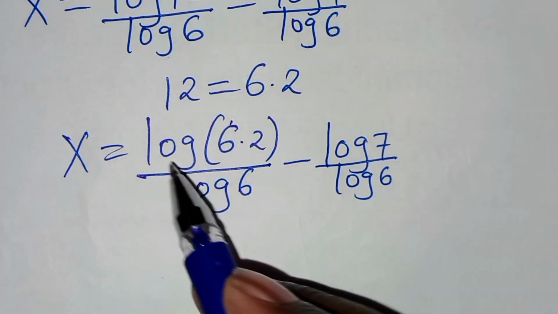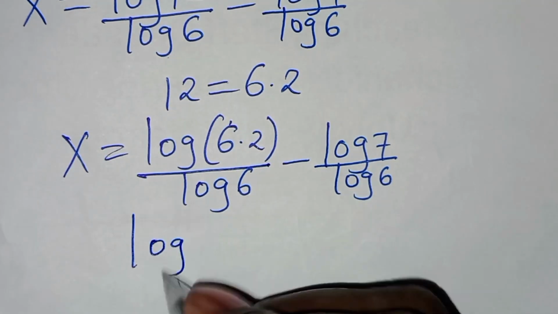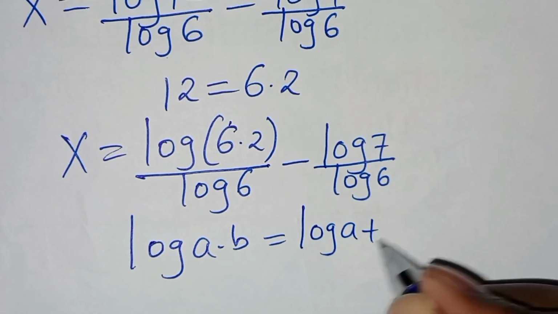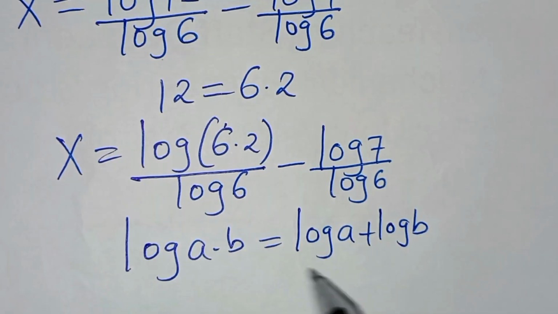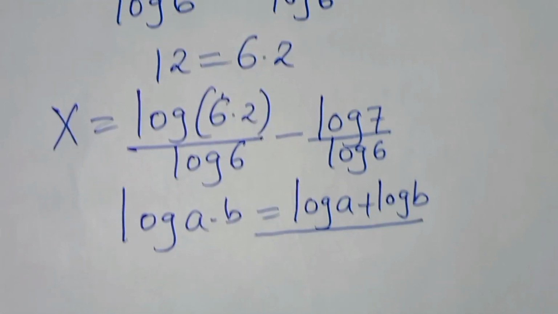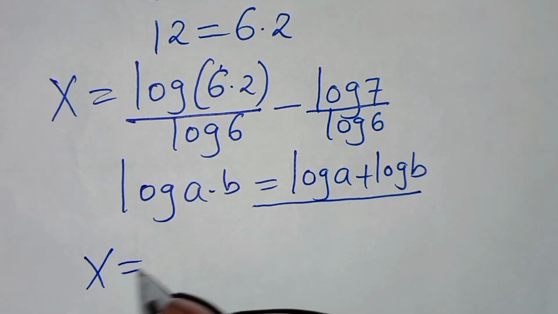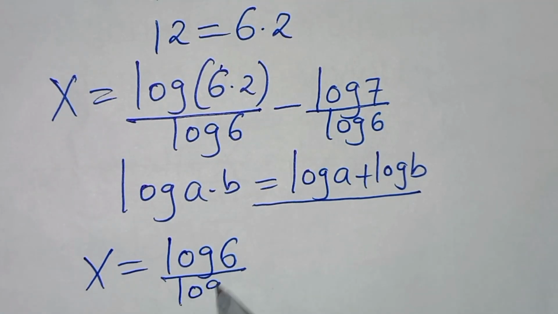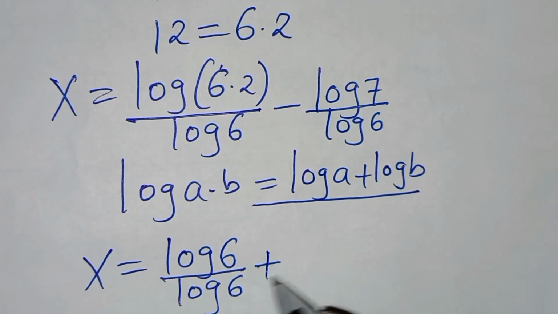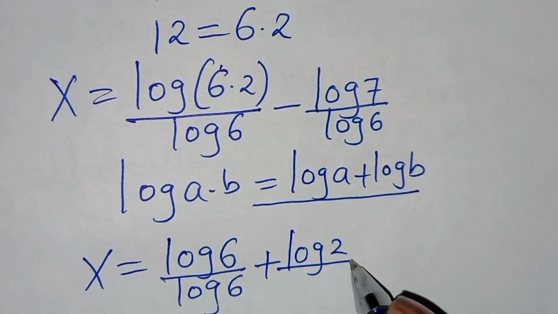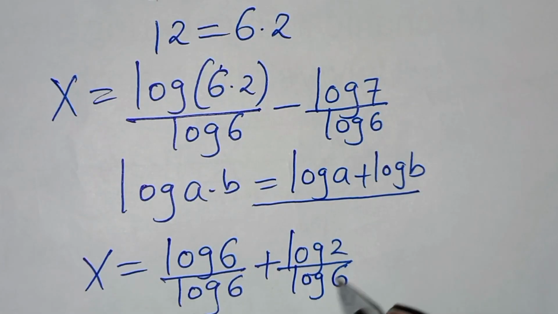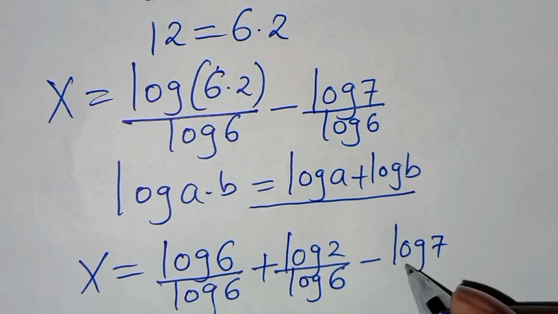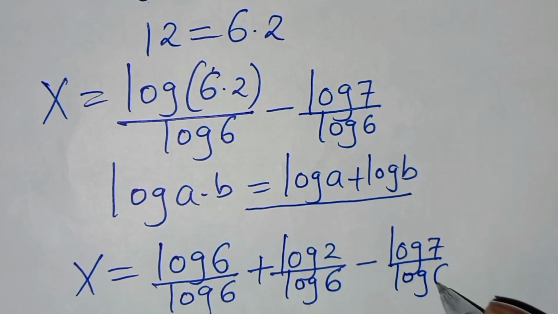The next step is that log 6 times 2, this is in the form of log a times b, which we can express as log a plus log b. Applying this property, then x is equal to log 6 divided by log 6, then plus log 2 divided by log 6, then subtract log 7 divided by log 6.